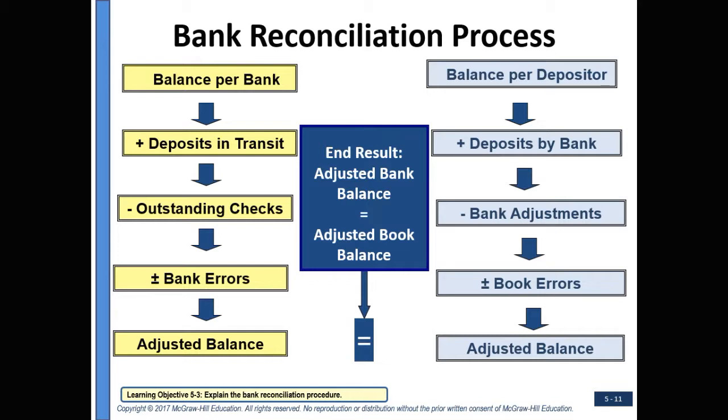On that last day of the month, you take those deposits to the bank. It's after 4 p.m. Those deposits won't post until the next business day. That can create a gap between what the accounting ledger says and what the bank says. That's a deposit in transit.